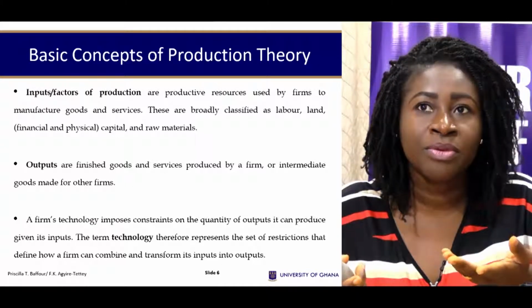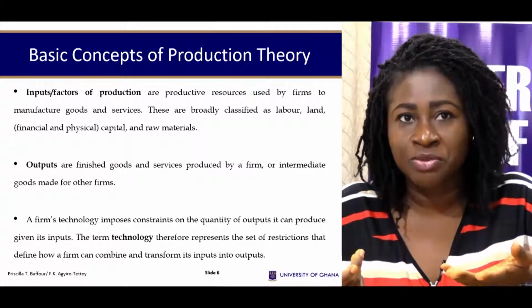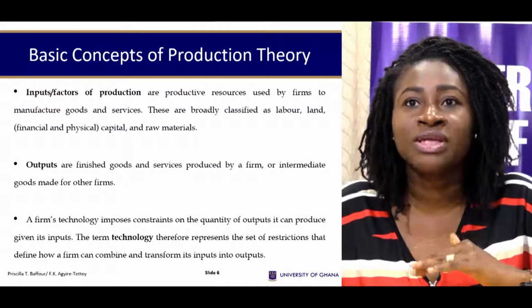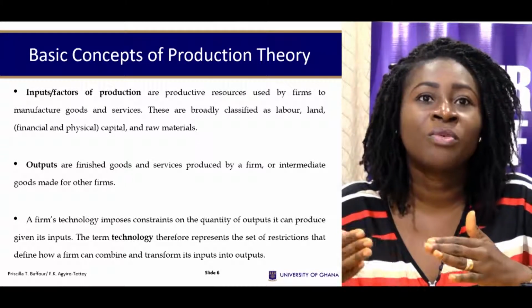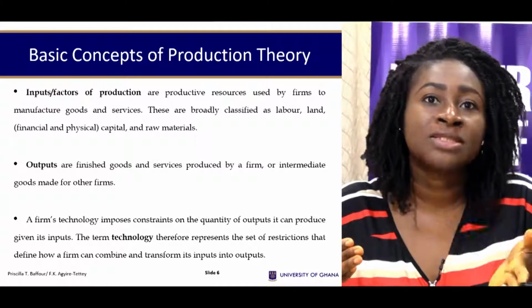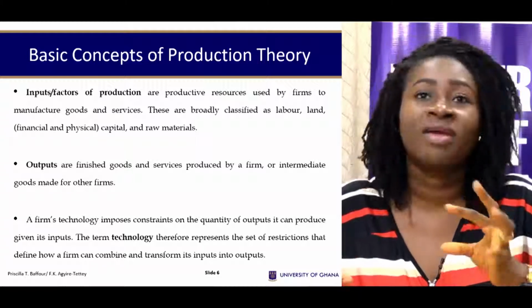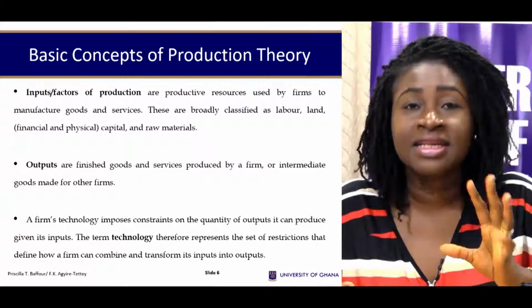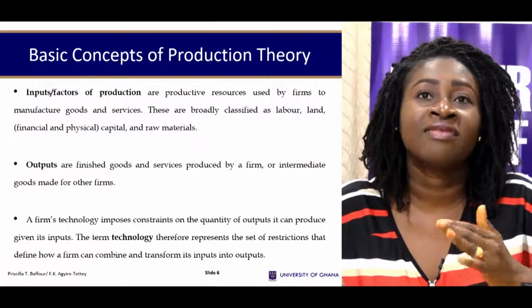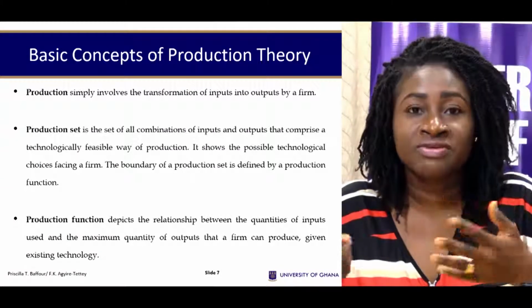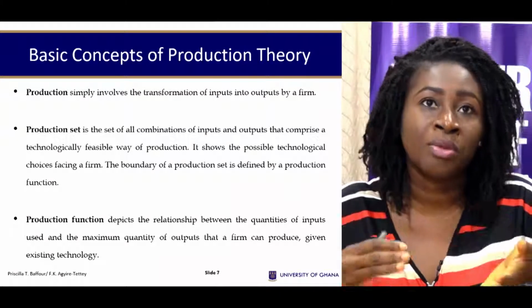All of these are inputs, and outputs are the finished product. The firm imposes a technological constraint on the quantity of output it can produce based on what input it uses. So based on the input the firm uses and the technology, it can get a given output out of that. So production simply involves the transformation of inputs into output, right?